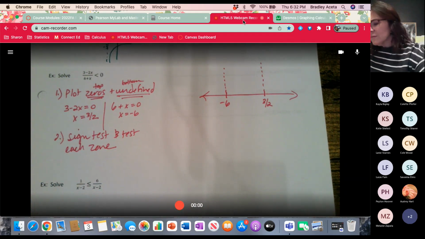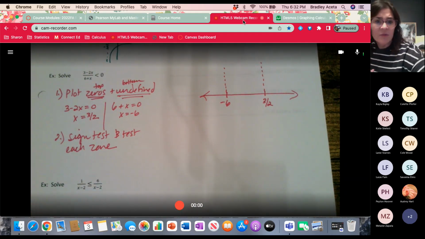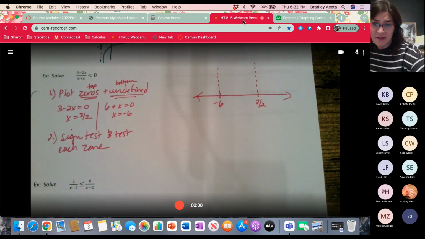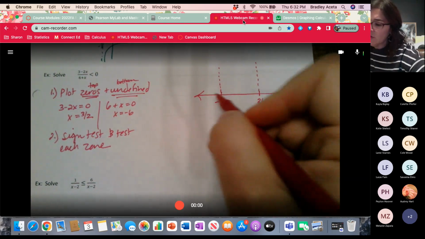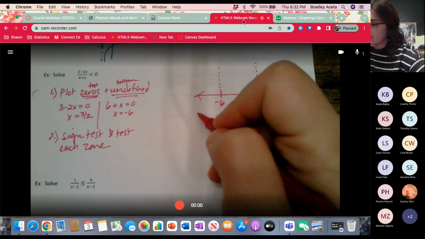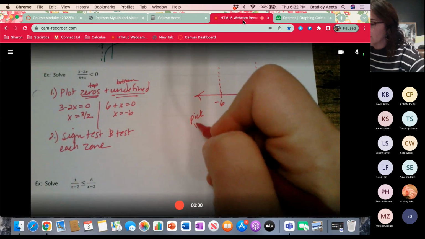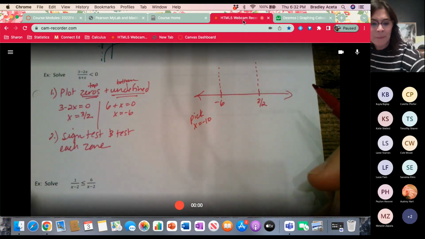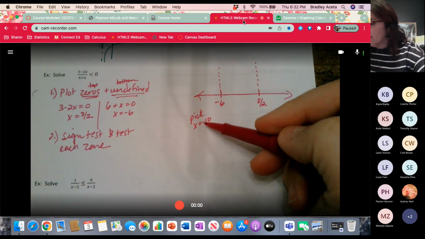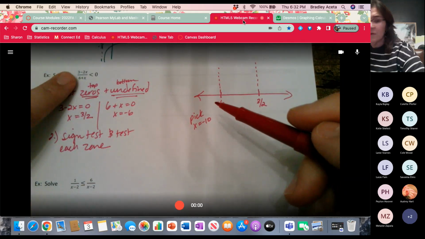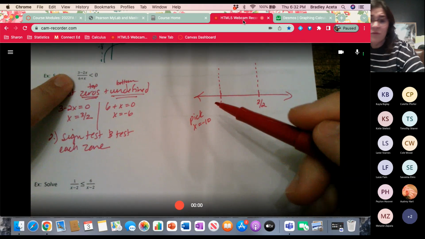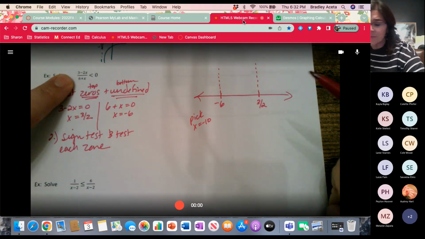So what do I mean by sign test? Again, we've done this before, so hopefully you have done it. But you pick a value in this zone. And I like to pick x to be -10. And you plug it in to your function, and you really just look at the sign.